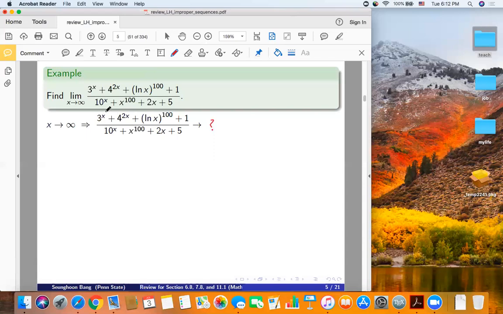So 3 to the x is going to infinity, 4 to the x is going to infinity, 10 to the x is going to infinity. The infinity plus 1 is infinity. Infinity plus 5 is infinity. Exactly. As x approaches infinity, we have infinity over infinity form.